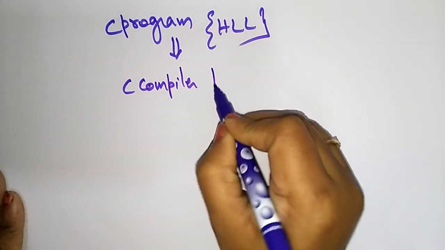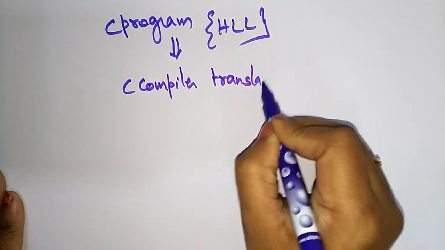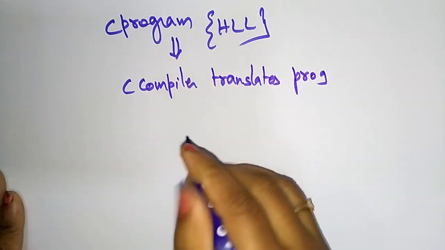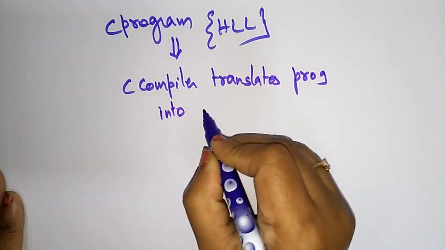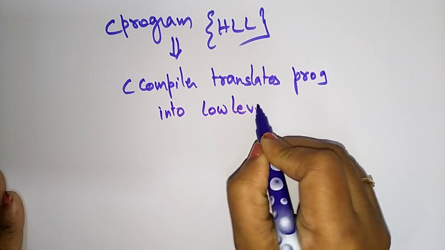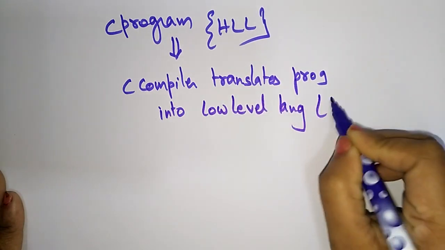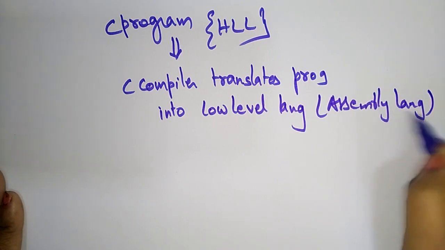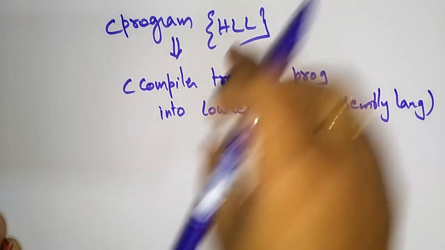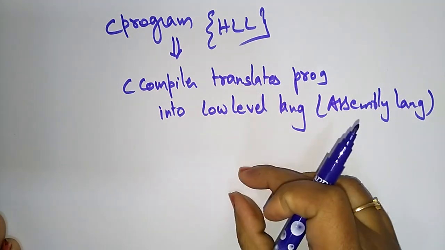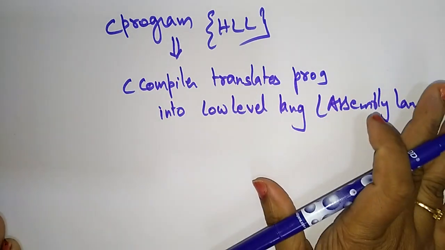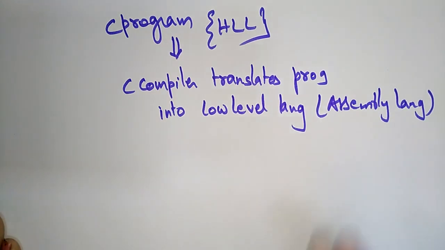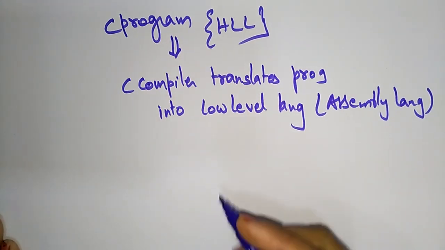The C compiler translates the program you wrote in the high level language into low level language, that is assembly language. That is not over, because the system can't understand even the low level language. It has to be converted into machine level language.